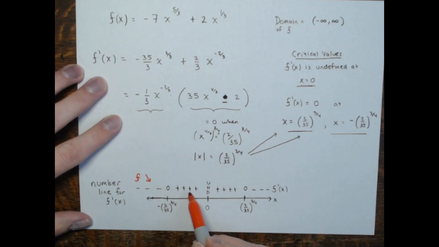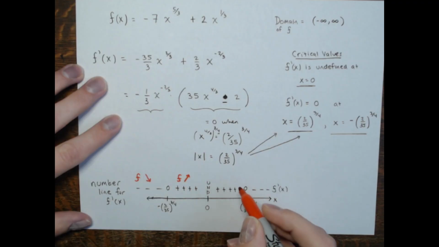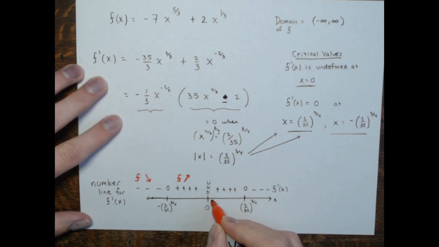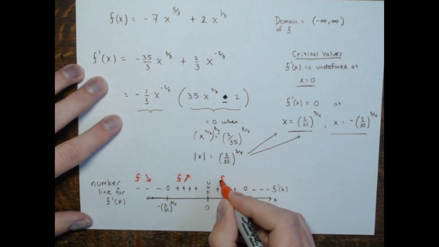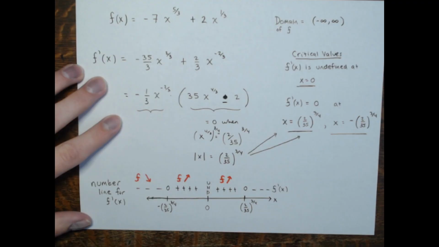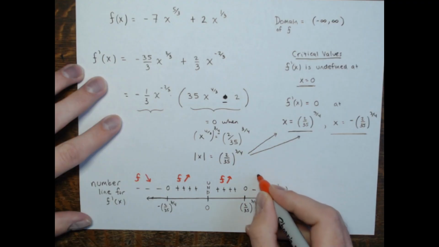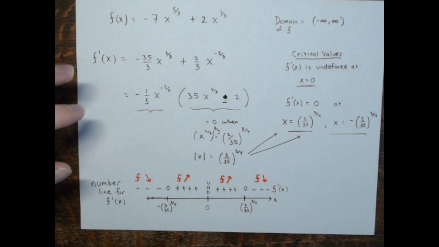And then between the opposite of 2/35 to the 3/4 power and 0, we've got positive derivatives, so the graph of our original function, f, will be going up. I'll put a little up arrow. F is increasing. And same thing over here, between 0 and 2/35 to the 3/4, we've got positive derivatives, so f is increasing again. And then from 2/35 to the 3/4 power onward, the graph of our original function will be going down, will be decreasing because there are negative derivatives.